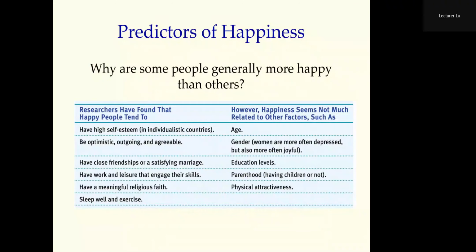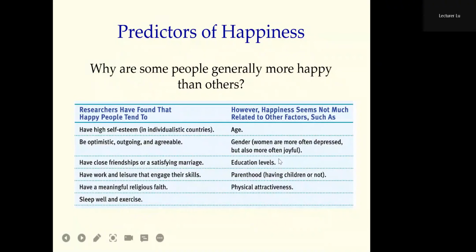It is not correlated with age and gender. However, our research shows that women are more often depressed, but also more often joyful. So the general level of happiness and satisfaction has no significant correlation to gender, education levels, parenthood, like having children or not, and physical attractiveness.